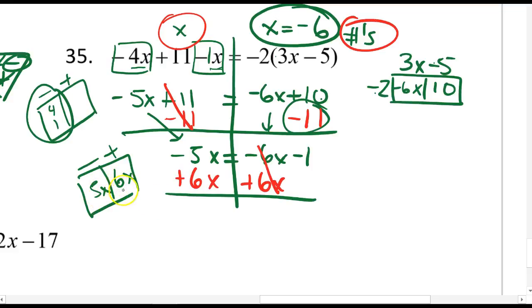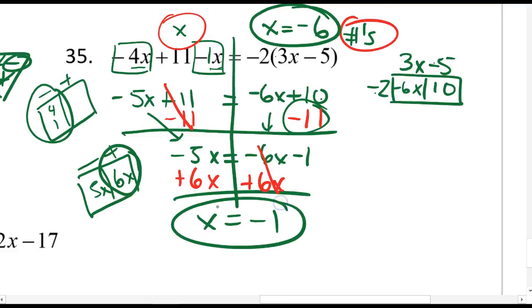Bigger minus smaller, 6 minus 5 is 1, and the 6 is bigger, so it's positive. So now we have negative 1 over here. But again, we don't need this 1 here, so I can just write x, and there's my answer.